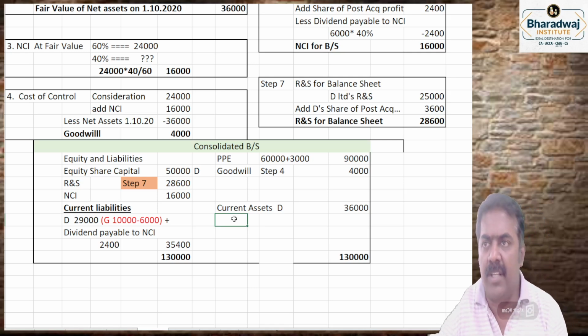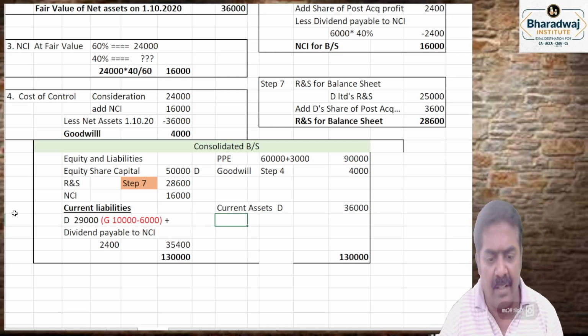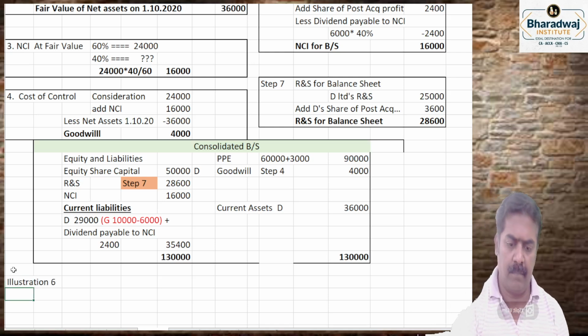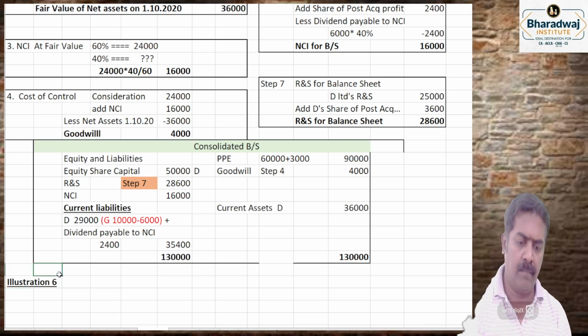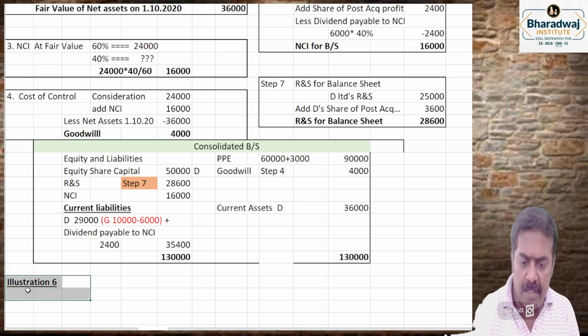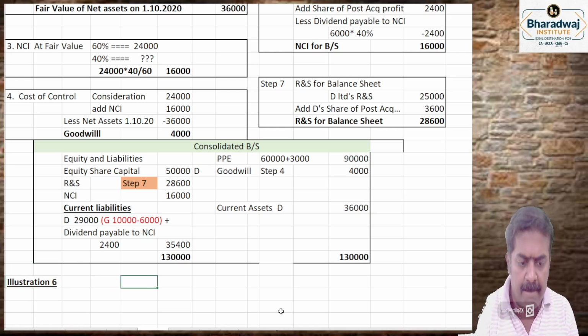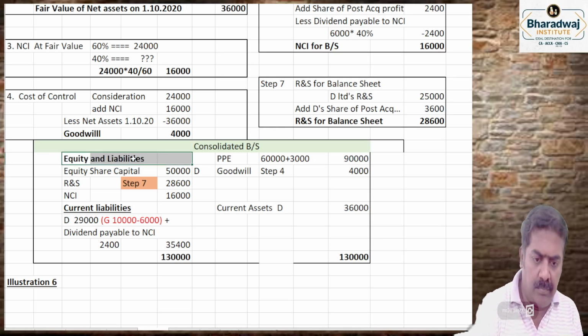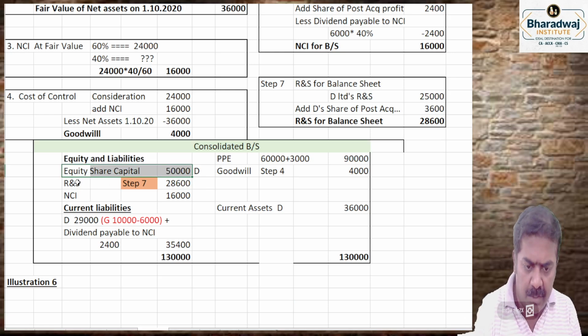We'll do the next question and we'll go for a small break, then we'll continue. Which illustration number? Go through illustration 6. Any doubt in it? Equity share capital of D, reserves and surplus we worked out. NCA we worked out.